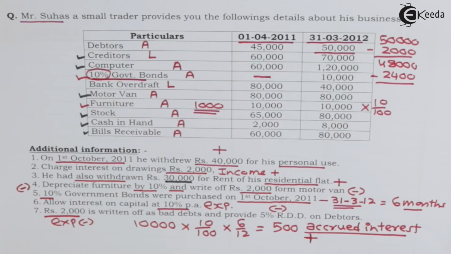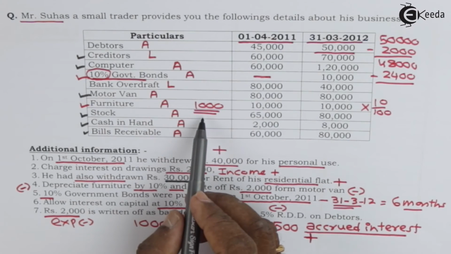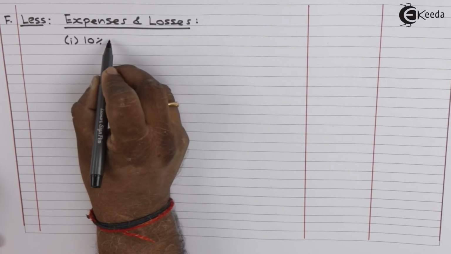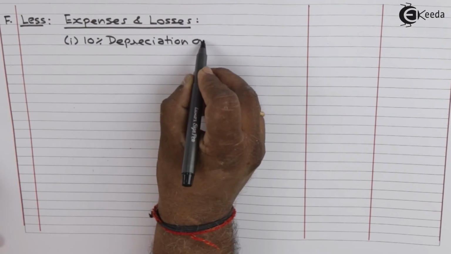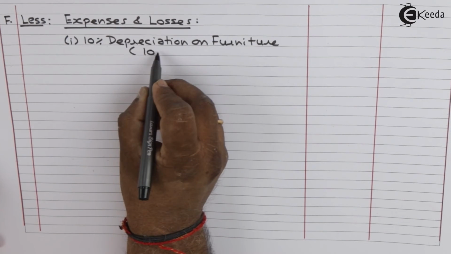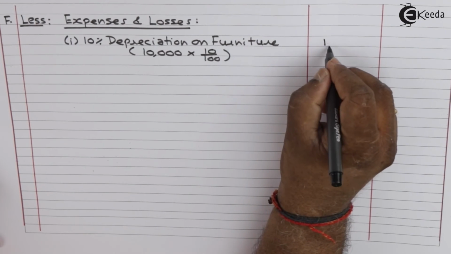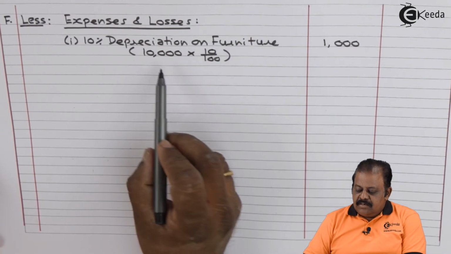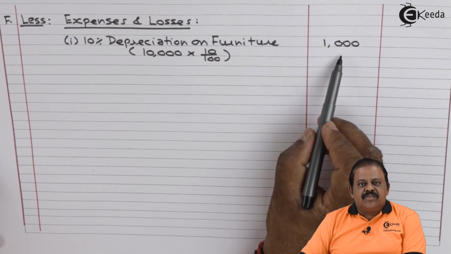So there is no addition or subtraction during the year. 10,000 at 10% will be 1,000. 10% depreciation on furniture, 10,000 multiplied by 10%, it is 1,000.